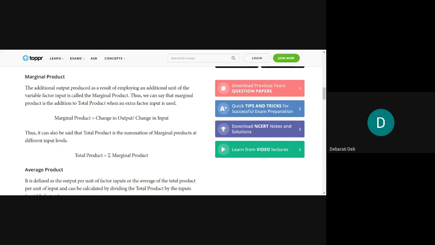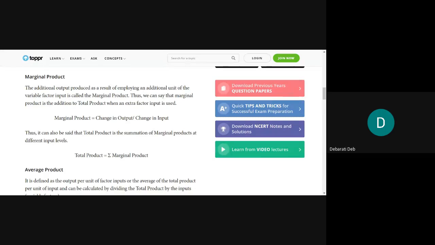And now if you increase this amount of input by 1 unit, it is becoming X plus 1 now. Then due to this extra input, whatever change is occurring in the total product, say from 1000 units it is now becoming 1020 units. So that extra 20 units is your marginal product.